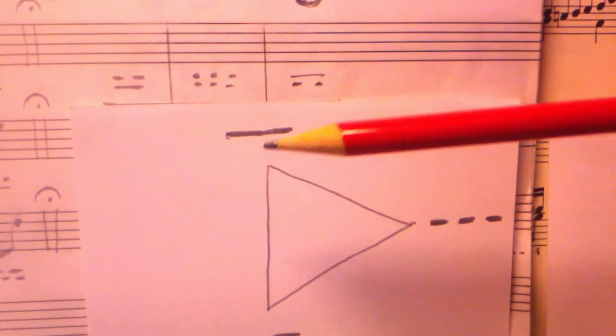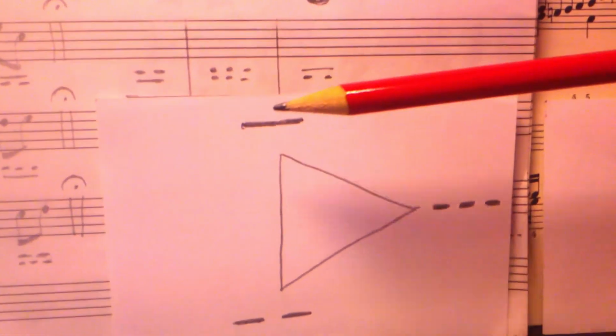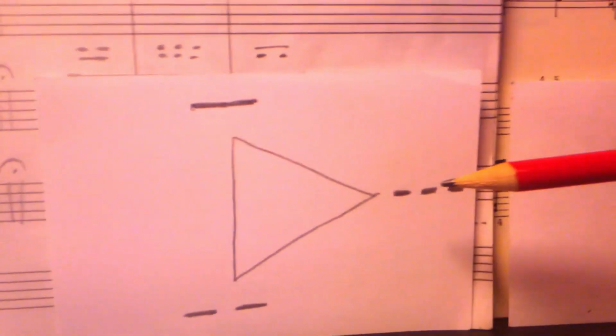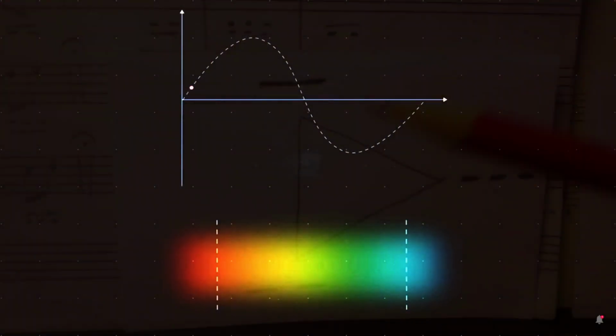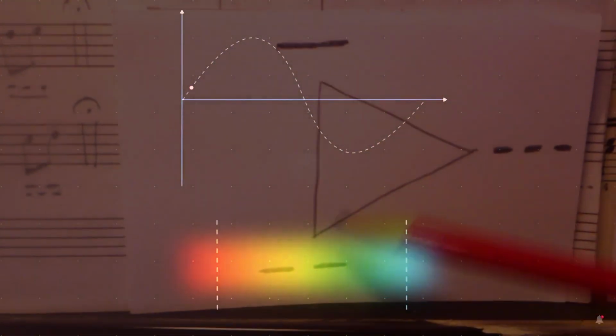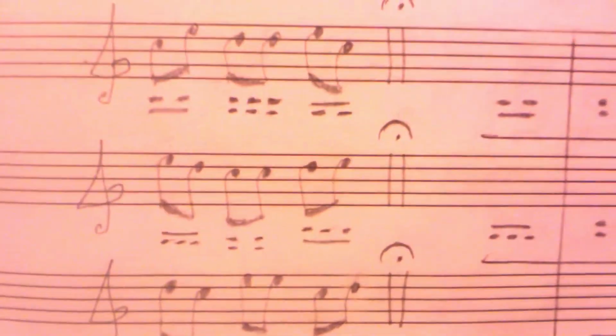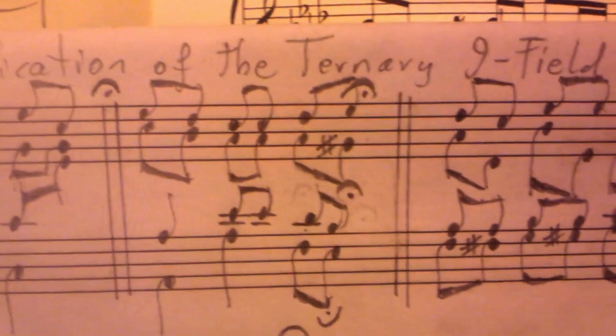It's something like 1 and 0, a polarity, and this is in between. So you can compare it with quantum physics, spin up, spin down, and the quantum entanglement state. But we are, of course, here in art, and I composed it like the ternary 9-field signal.